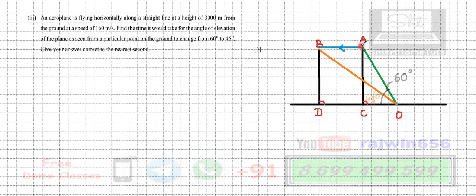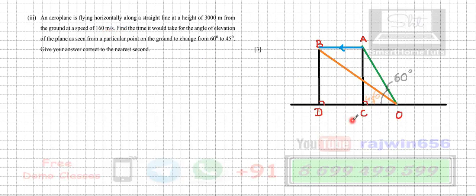This is the distance that we are supposed to find, distance AB or distance DC. We are also given the speed of the aeroplane, which is 160 meters per second. So once you get the distance, you know the speed, you will be able to calculate time. Speed is equal to distance upon time.